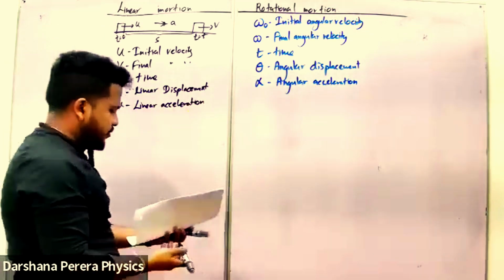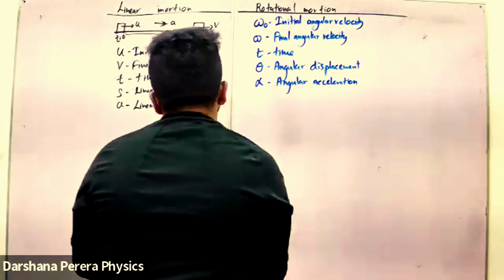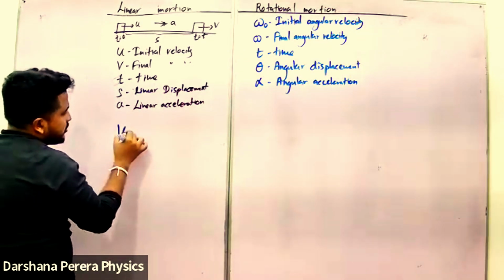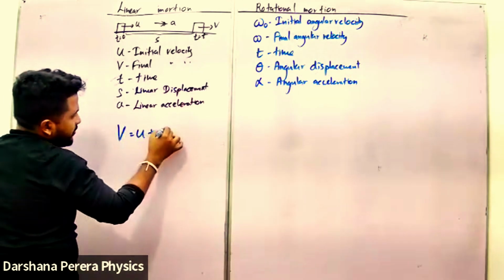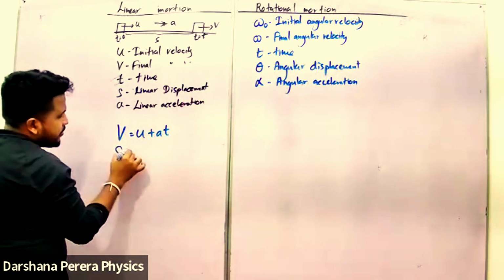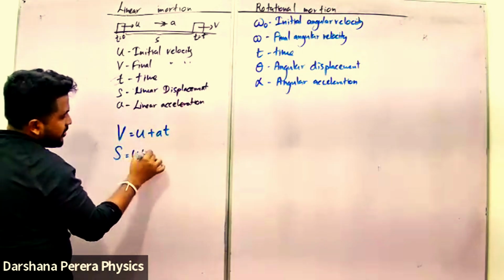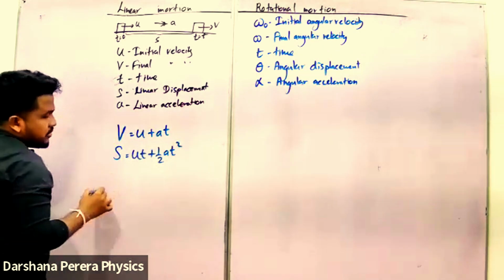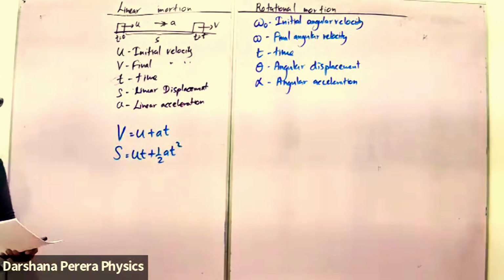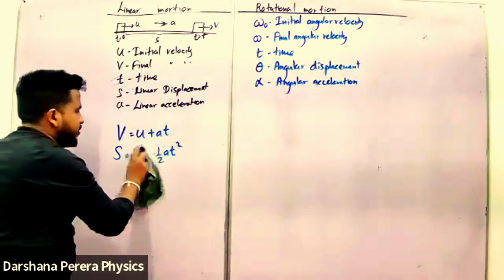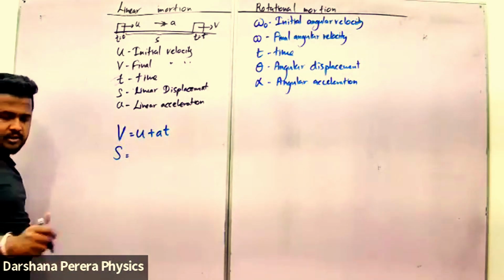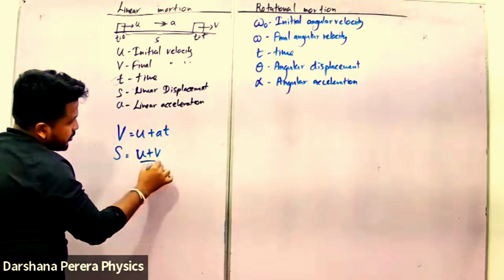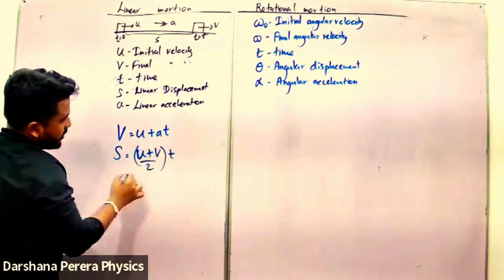In linear motion we know there are four equations. v equals u plus at. s equals ut plus half at square, or s equals (u plus v) over 2 into t.